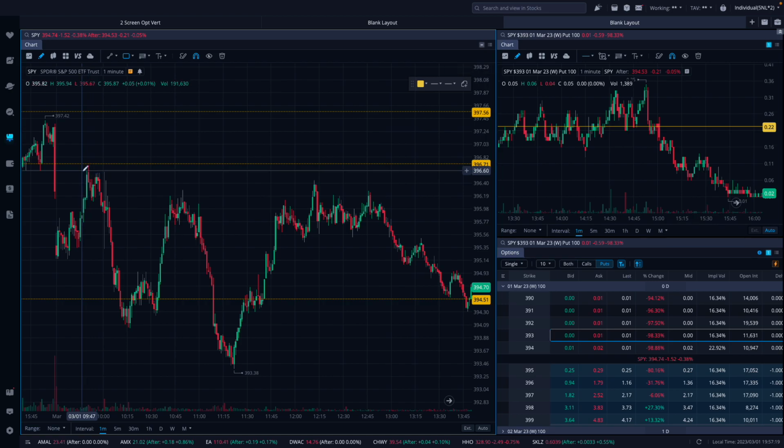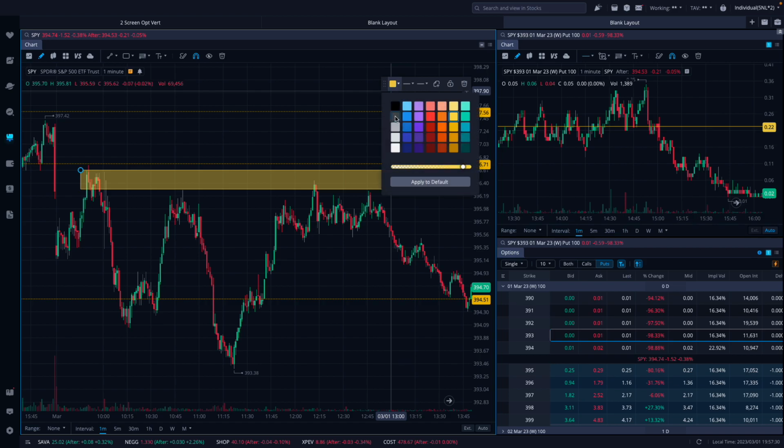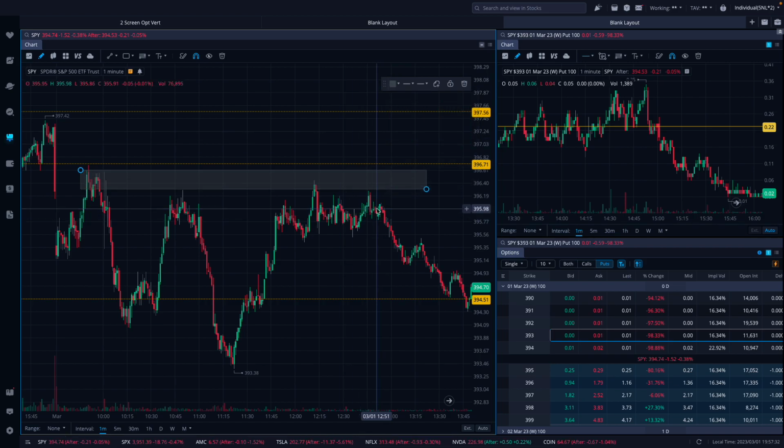Let's just say you're looking at this for today's price action. So say you want to enter in here. You're looking to short this thing. We're at 396.